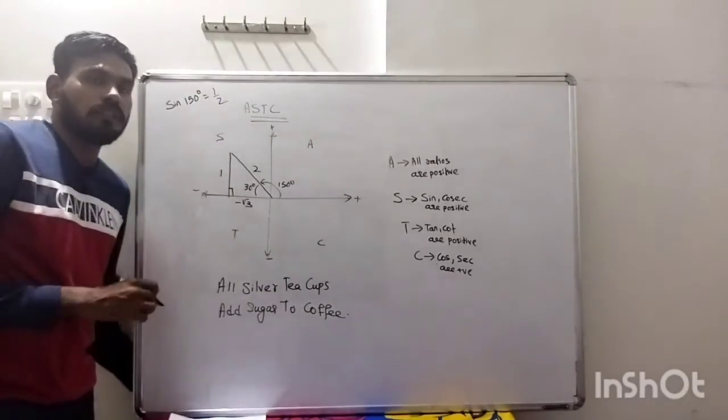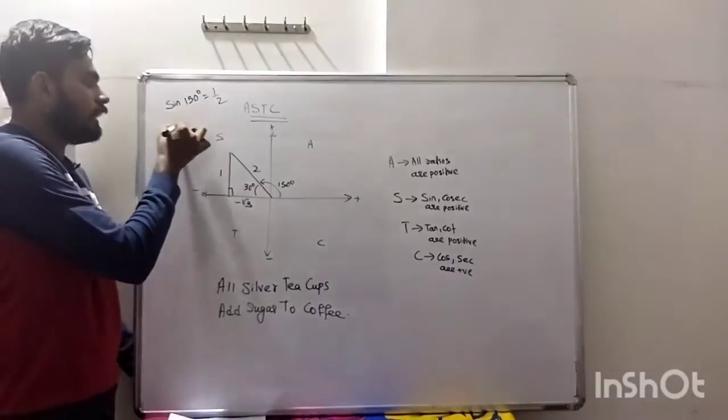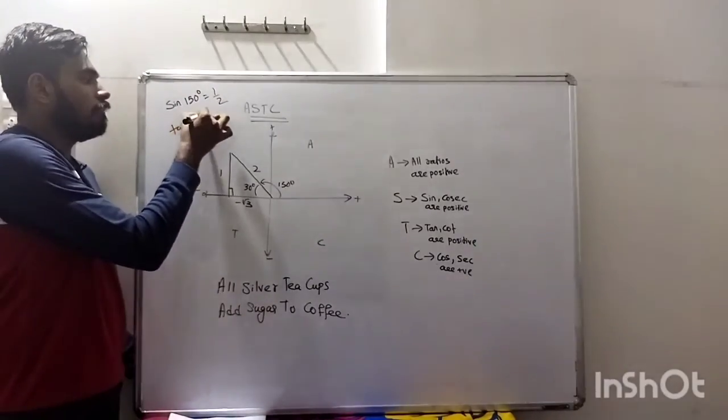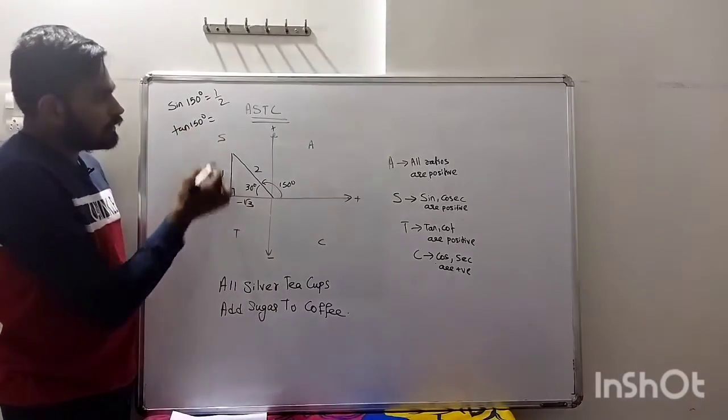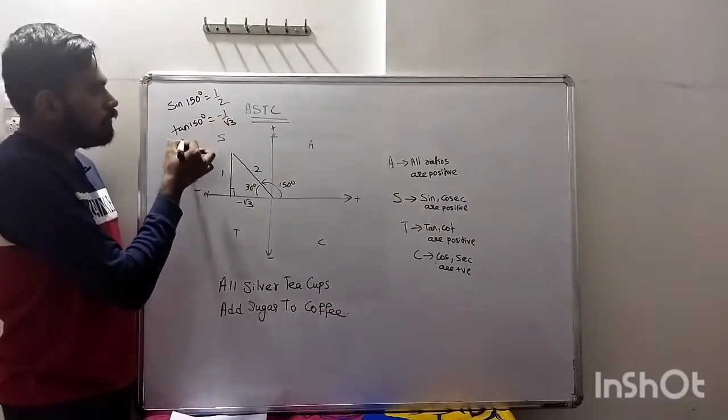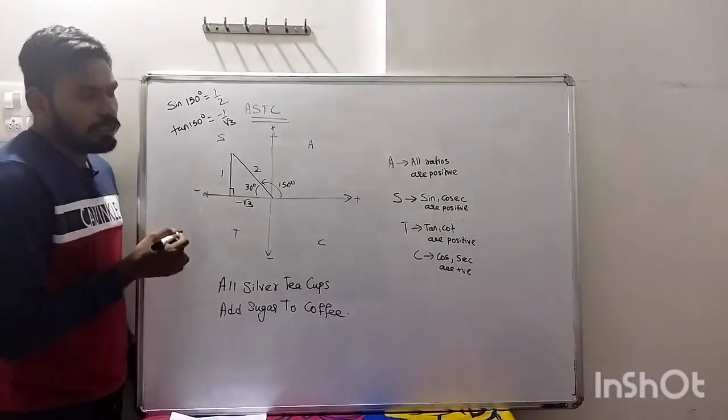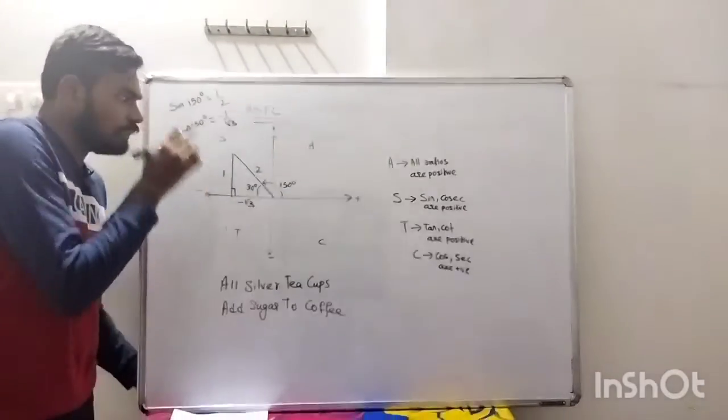For example, tan of 150 degree will not be positive. How? See, tan is opposite upon adjacent, so minus 1 upon root 3. Similarly, cot and cos will be negative. In the second quadrant, only sine and cosec are positive, remaining all you always get negative.